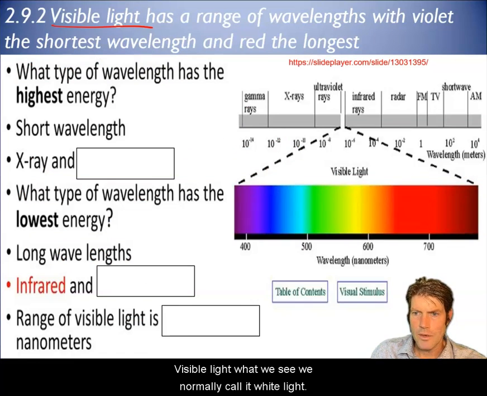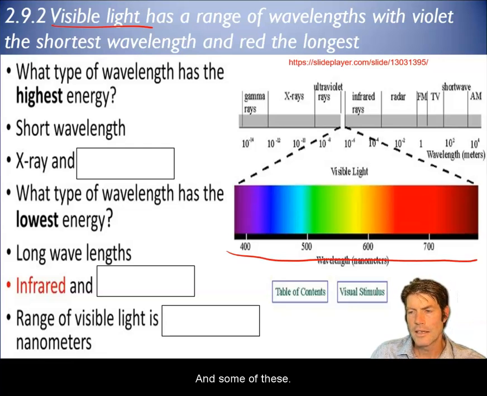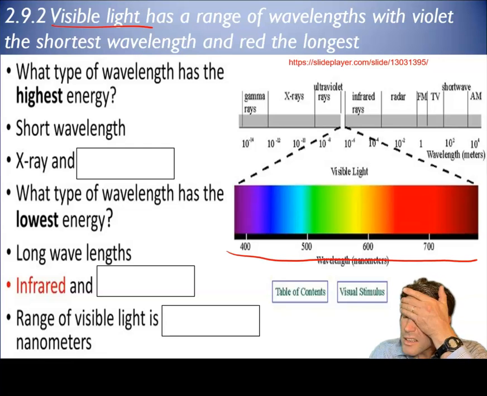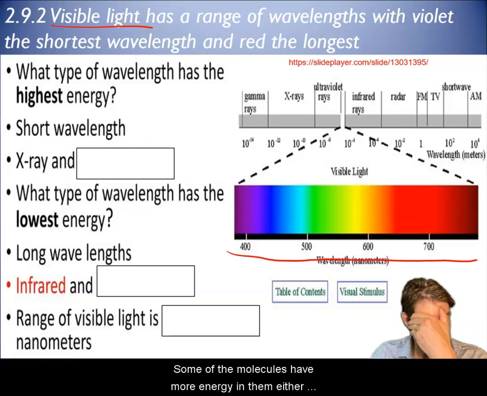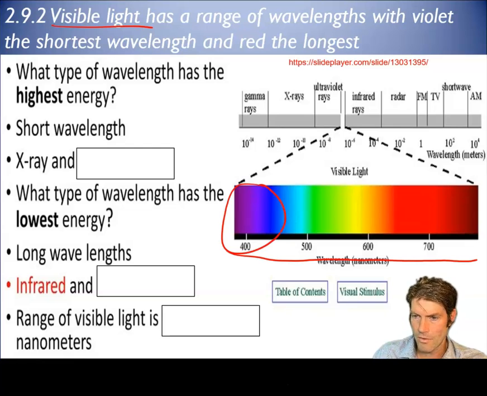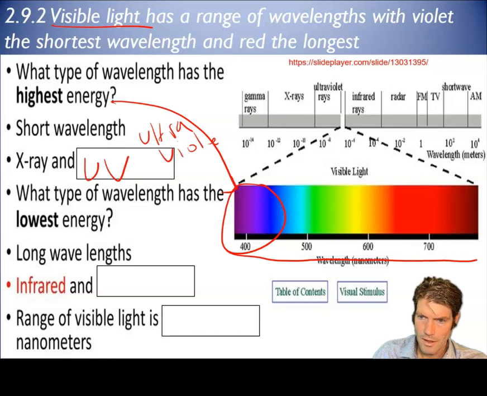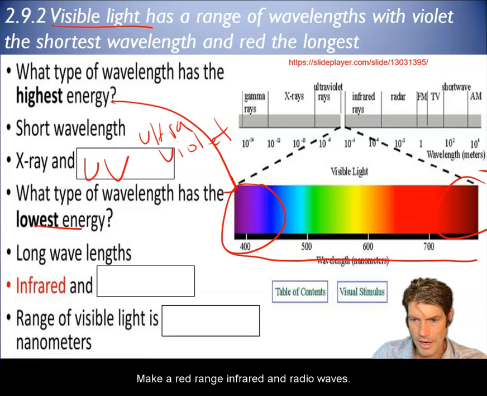Visible light, what we see, we normally call white light. That's all the colors of the spectrum. Some of these have more energy in them than others. The highest energy are the shorter wavelengths over on this end, X-ray and UV light, ultraviolet. The lowest energy is down here near the red range, infrared and radio waves.